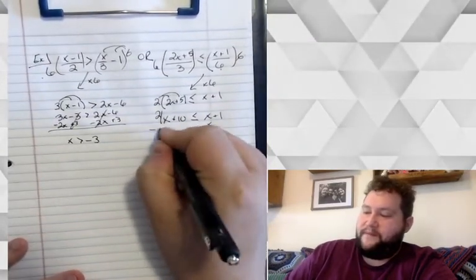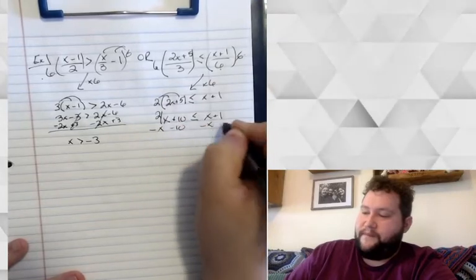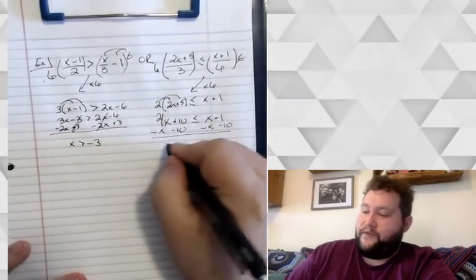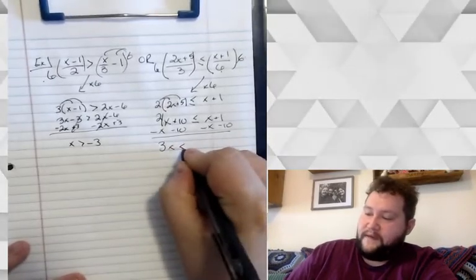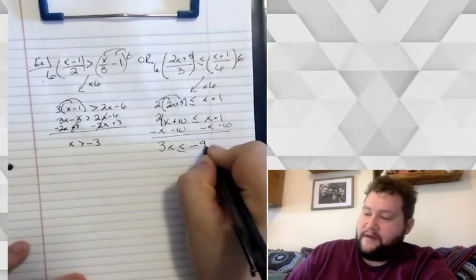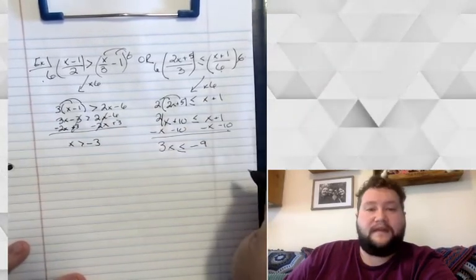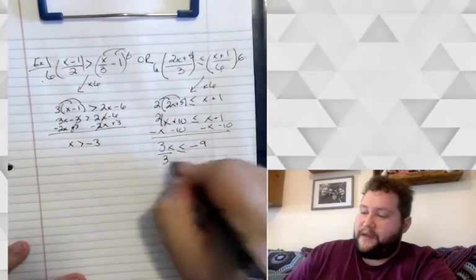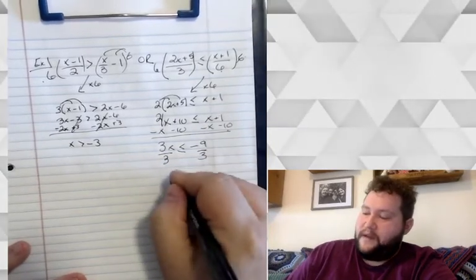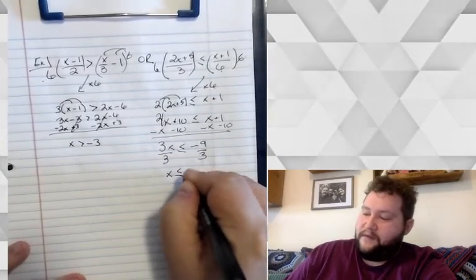Subtract x. Subtract 10. 3x is less than or equal to negative 9. 1 minus 10 is negative 9. Divide by 3. x less than or equal to negative 3.